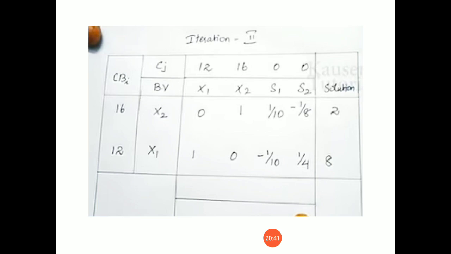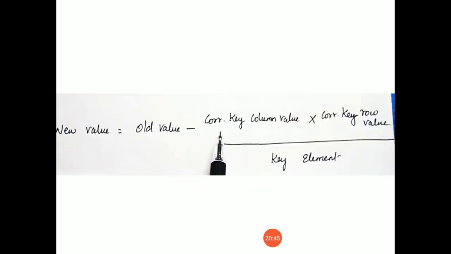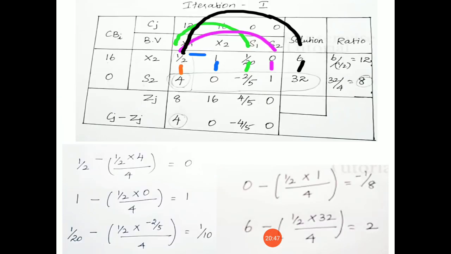Now for finding the second element of the x2 row, again the same formula, and I have used blue lines to represent corresponding key column value and corresponding key row value.